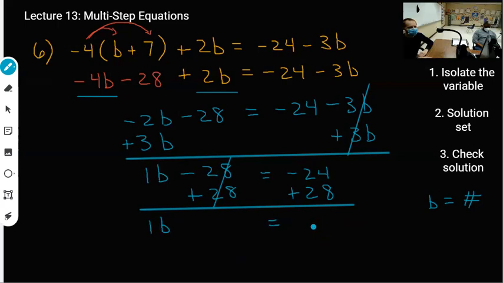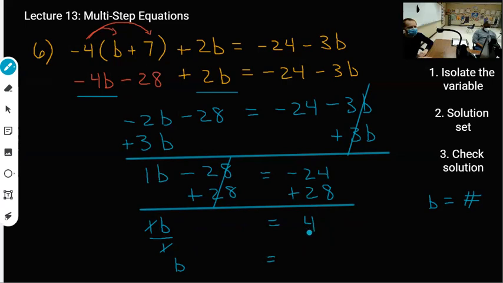Over here on the other side, we have 28 minus 24. If we add those two numbers, we're going to get a positive 4. So at this point, all I need to do is divide by 1, so I can get the b by itself.